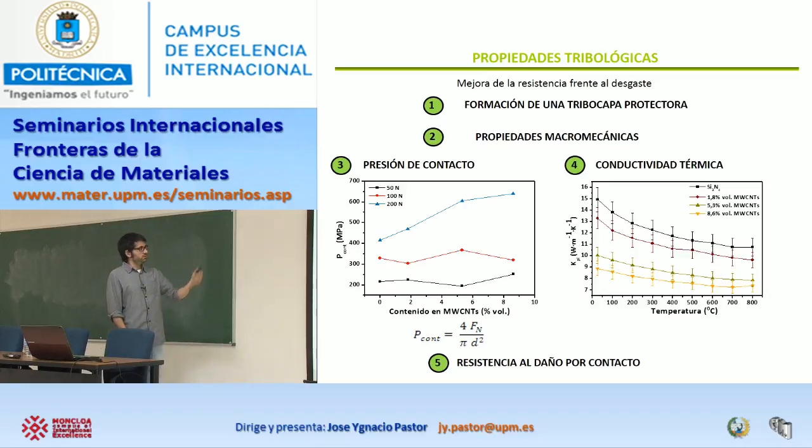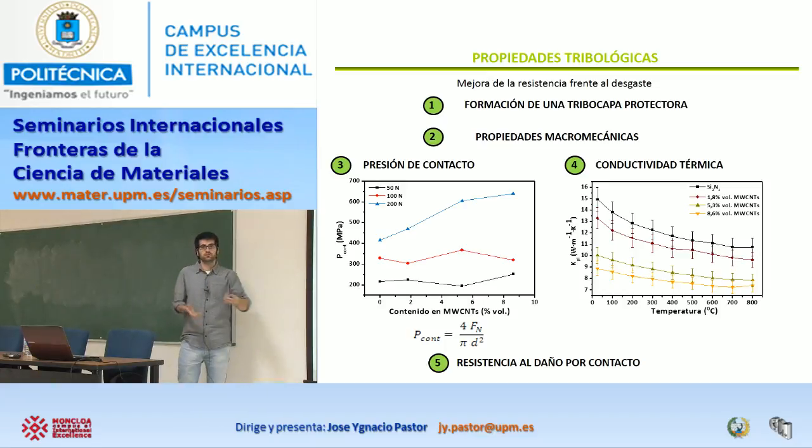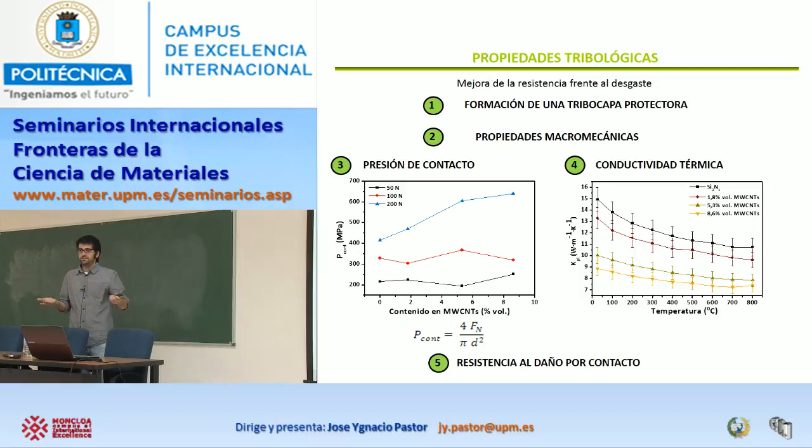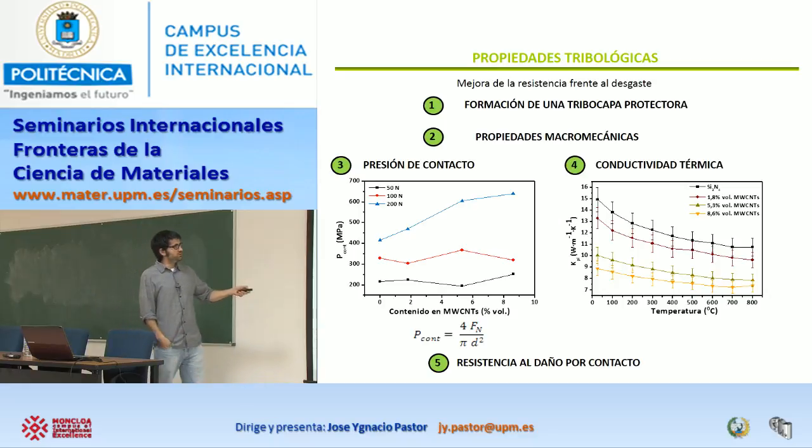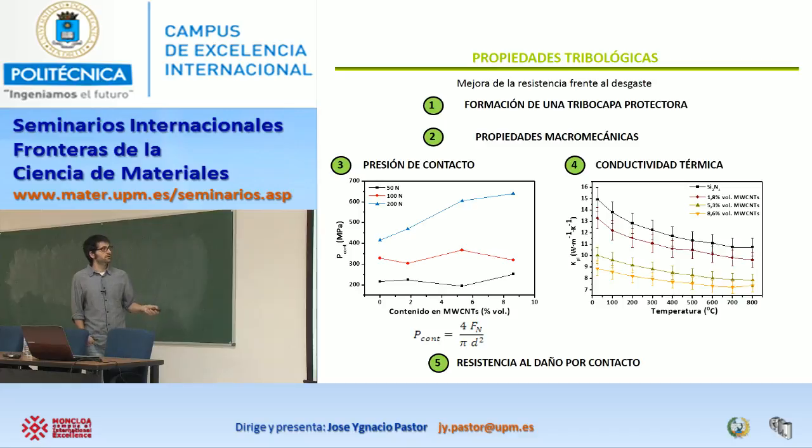I mean, the pressure evolves during the test, because of course you apply 50, 100, 200 newtons at the beginning, but it depends on the area. This is like a ski, and here even the contact pressure increases with the nanotubes, which has a better response. I mean, these are really good values.